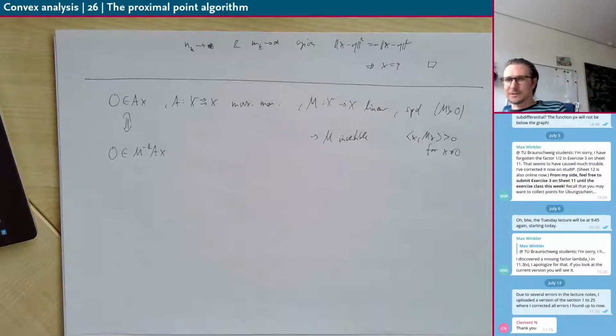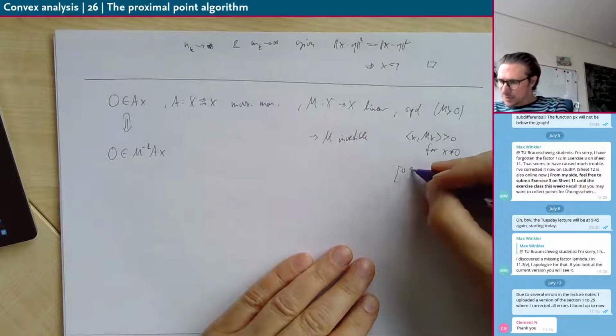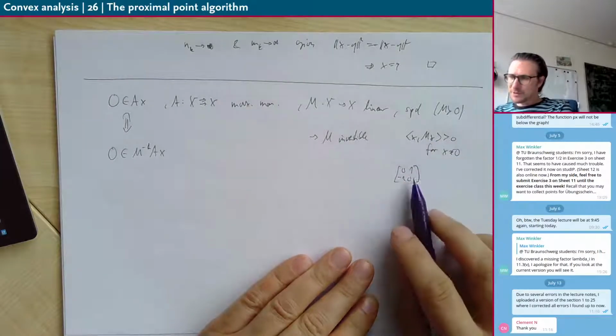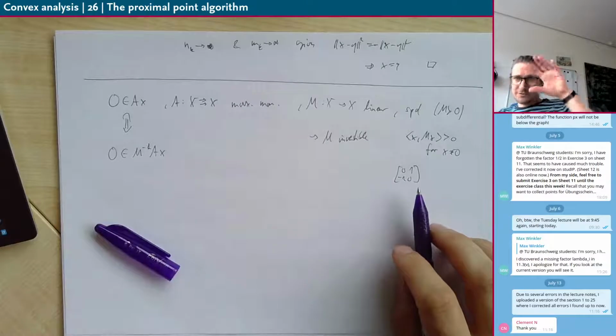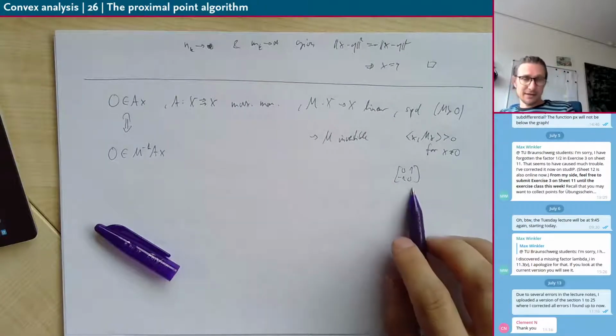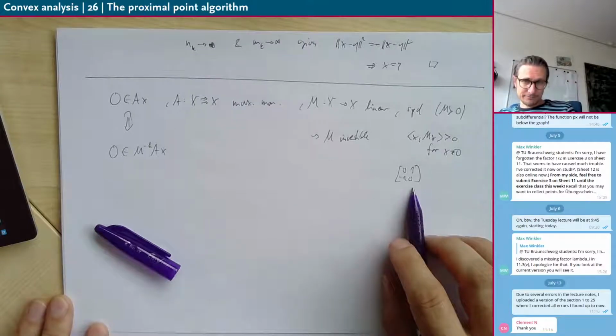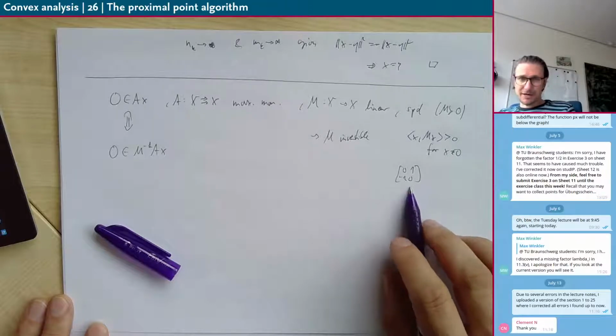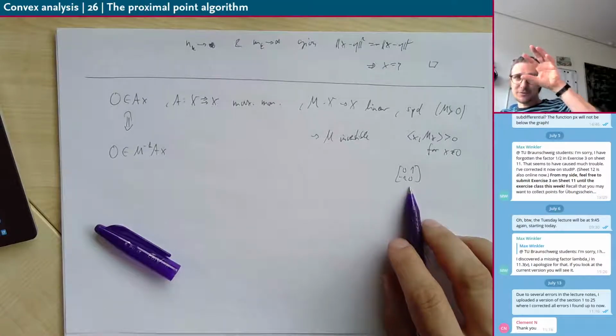Take the matrix, for example, this matrix here, 0, 1, minus 1, 0. This one turns the R2 space to the left by 90 degrees, and it's still maximally monotone, because it's continuous. But if you apply this twice, you turn to the left and one more time to the left.